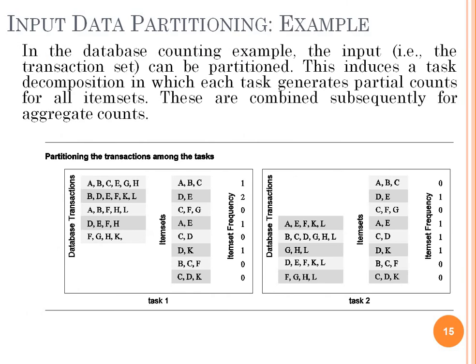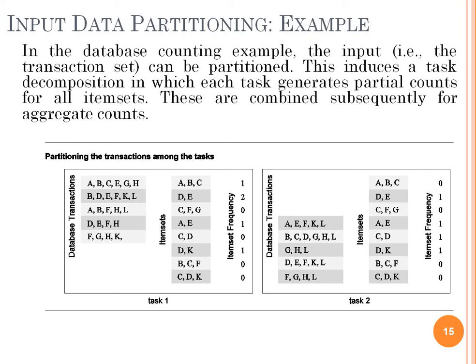Now let's see an example of input data partitioning. We'll continue with the same example of the transaction database. The problem of computing the frequency of a set of item sets in a transaction database can also be decomposed based on the partitioning of the input data. In the previous section, we saw it using output data.